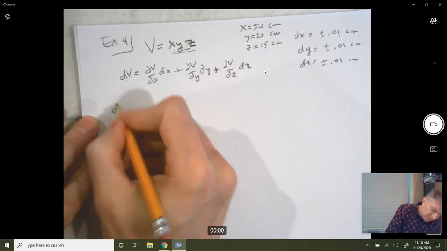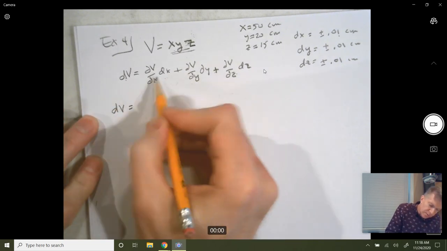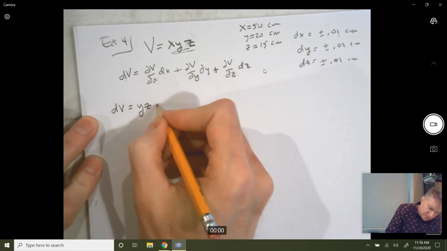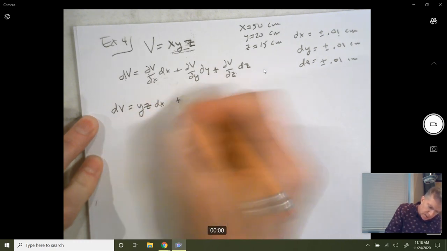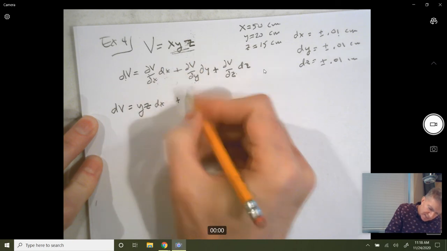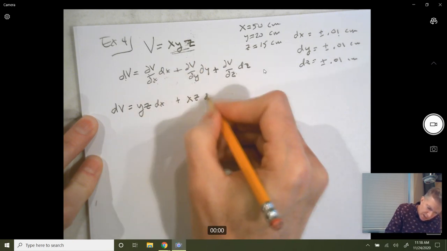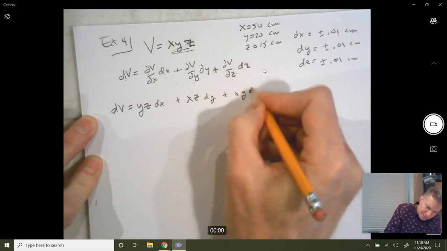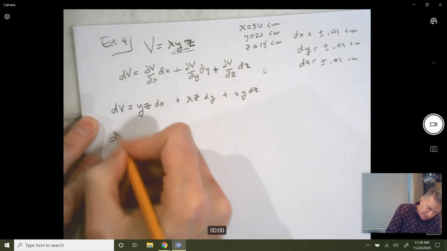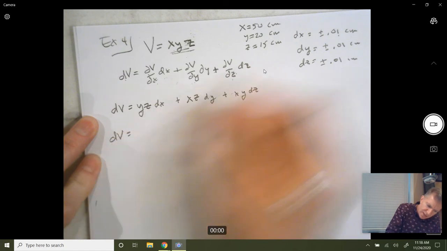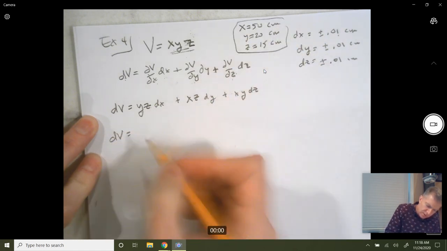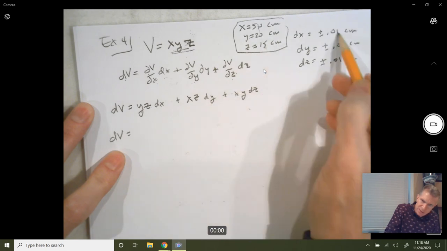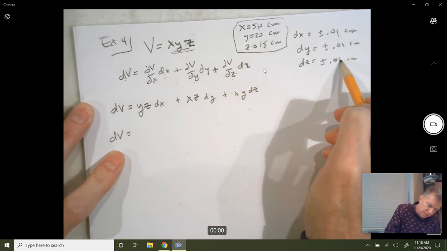So your dv, the total differential: your derivative with respect to x is yz times your dx, then plus the derivative with respect to y is xz times your dy, plus the derivative with respect to z is xy times your dz. So your dv equals, and we're going to plug in these values into our function. So we're finding the error when they were measured at this. All our differentials for our inputs are over here.